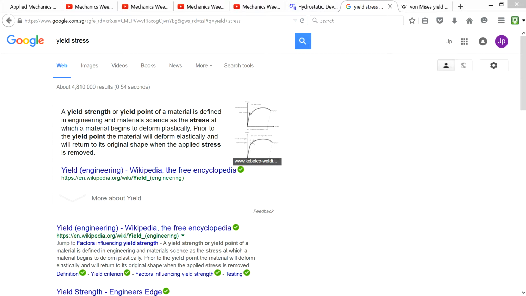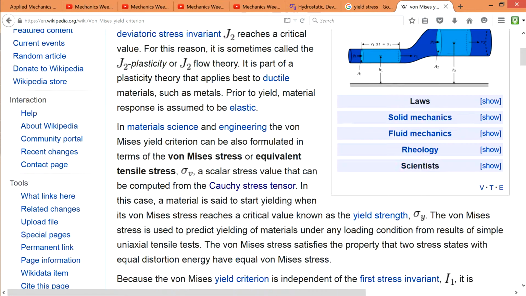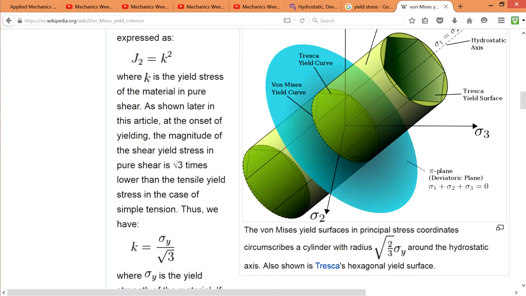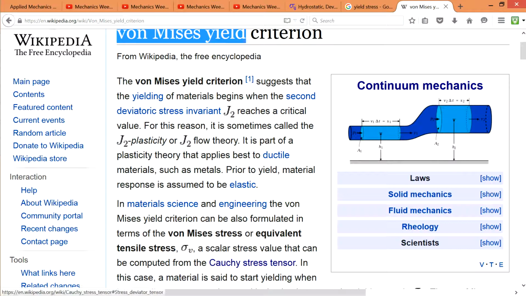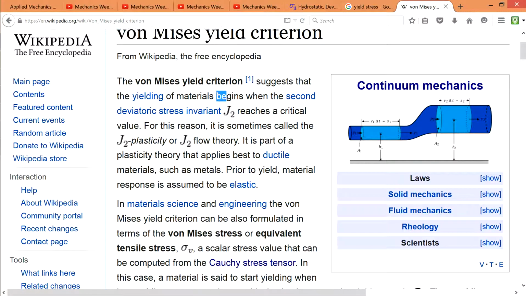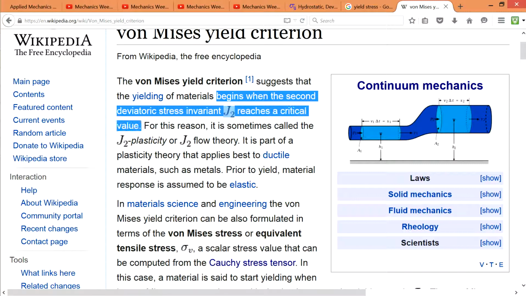Therefore the von Mises yield criterion says that yielding begins when the second deviatoric stress invariant J2 reaches a critical value.